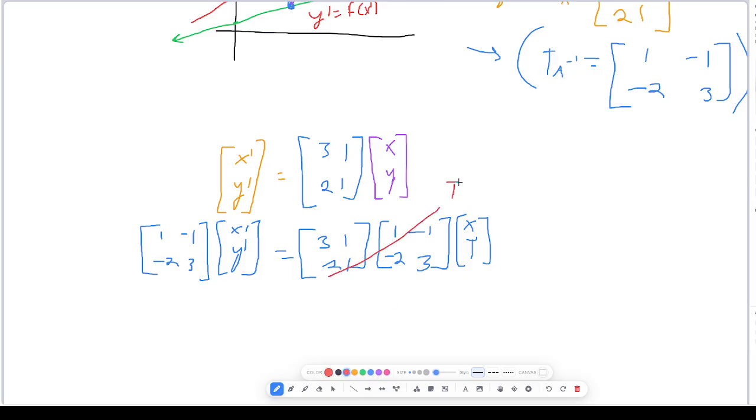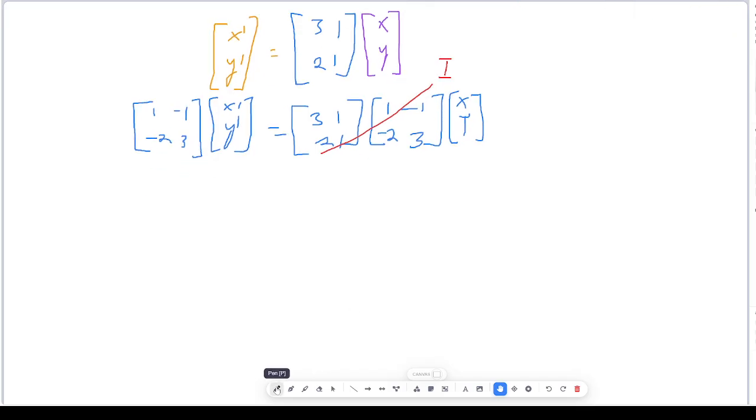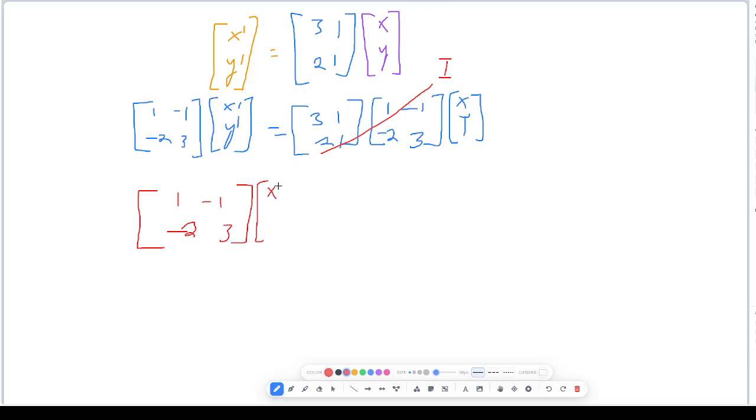This cancels to I. So what we're left with is 1, negative 1, negative 2, 3, x prime, y prime is equal to xy. Okay, hopefully that's not too incredibly hard to see.